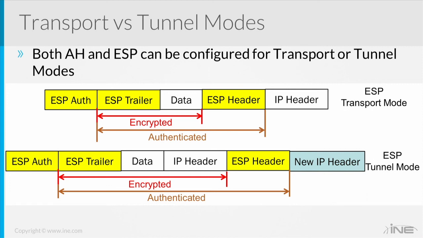Whether you're using authentication header or ESP, you'd be doing transport mode. Tunnel mode is typically used when the IPsec endpoints are network infrastructure devices, like both ends of the tunnel are routers, or both ends of the tunnel are specific security appliances or something like that.